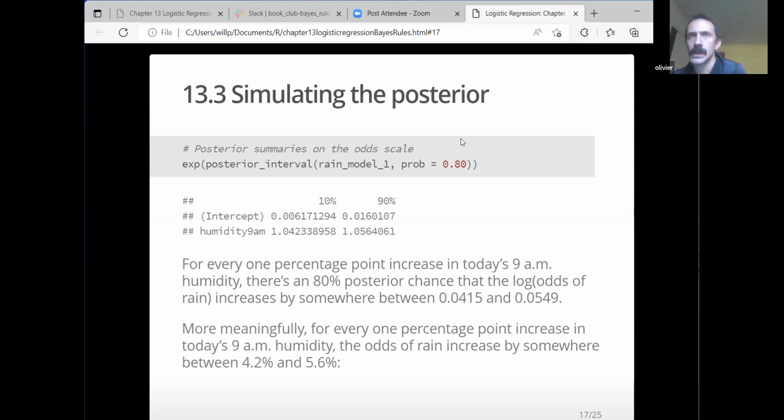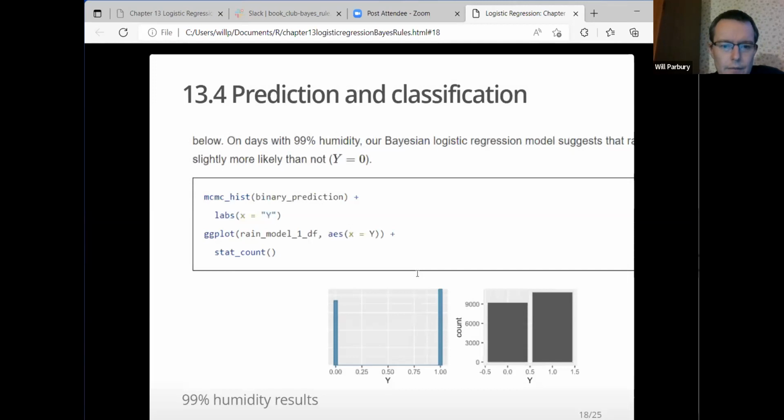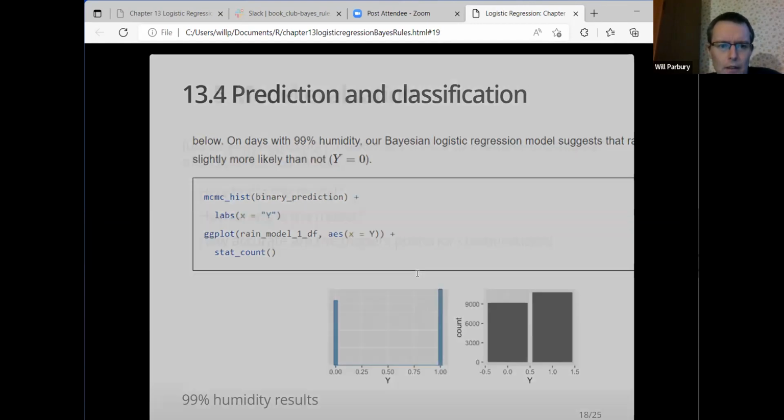It's always good to convert them because log odds don't really mean anything to anyone. And then these are the results overall, and I think it's about 54% chance of rain. That's what it came out with, I think.